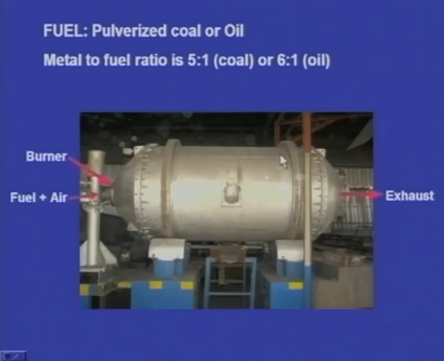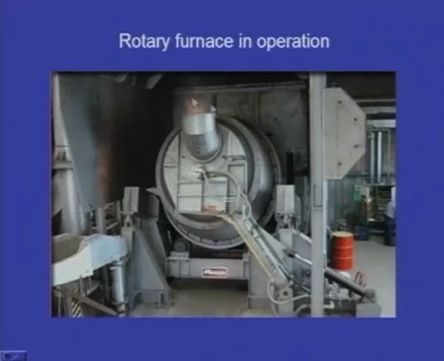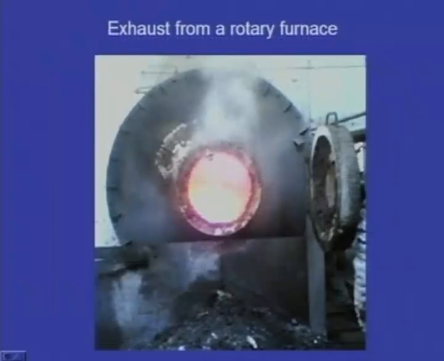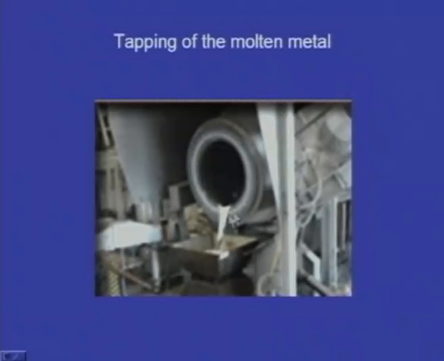So, this is the principle of the rotary furnace. Yes, rotary furnace in operation we can see, it is slowly rotating, and here we can see the exhaust going out, and here also we can see the exhaust going out, and here we can see the molten metal being tapped from the rotary furnace.